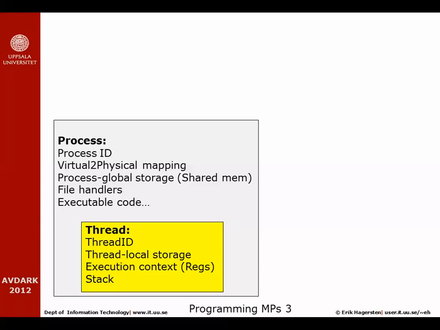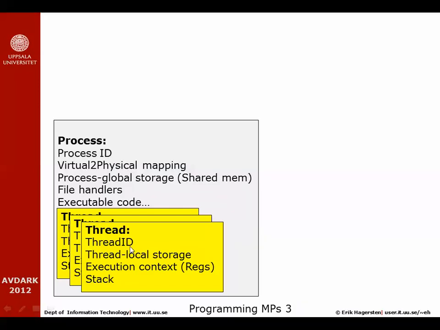Inside each process, there is at least one thread, but there can also be many threads created to run inside this process. And so these threads are a fairly lightweight unit of computation, since they don't have to set up any new virtual to physical mapping or new file handlers and so on.